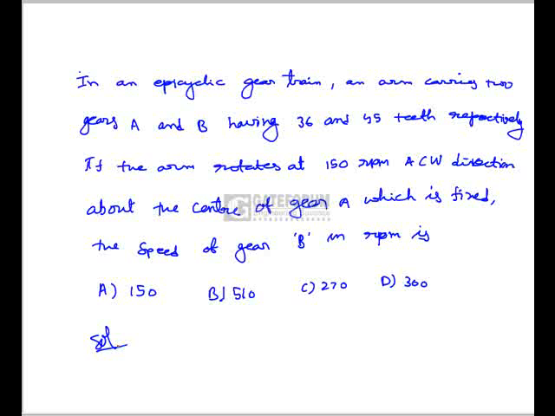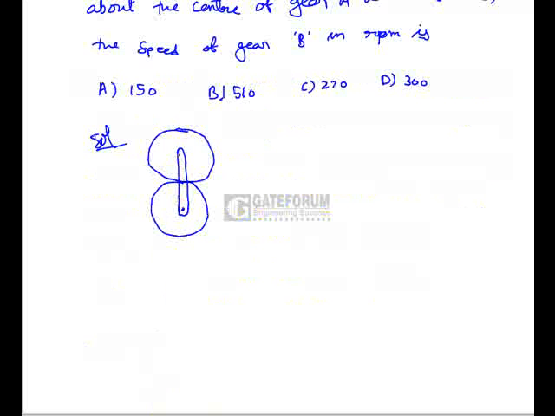Coming to the solution, first draw an epicyclic gear train which forms with A and B gears. Let us say an arm connects between these two gears, this is gear A and this is gear B. A has 36 teeth and B has 45 teeth.